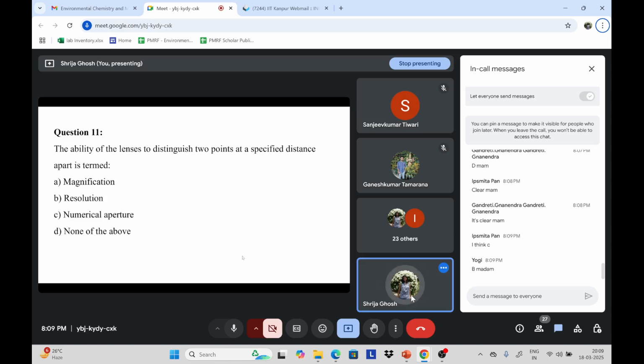We have two answers in the chat box. Option C, numerical aperture, and option B, resolution. Okay. Anyone else wants to answer? What do you think would be the right answer?